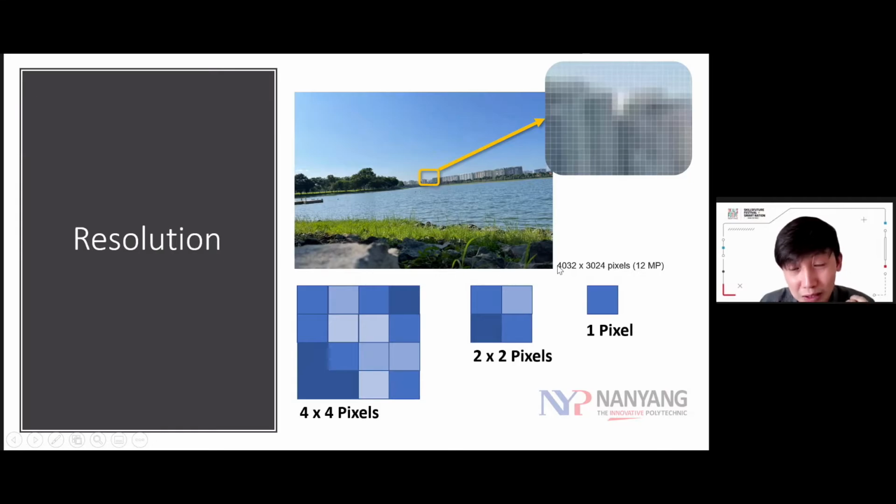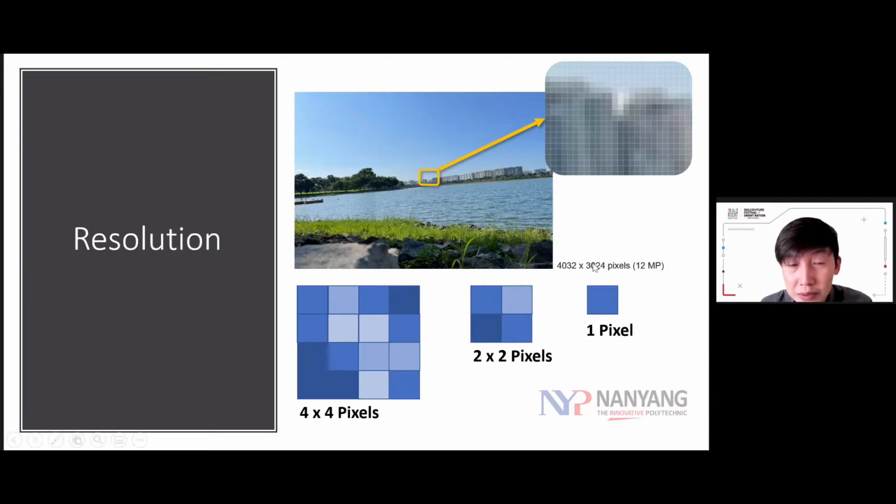This tells you the length and breadth, but if you multiply, you can find the area, how many total pixels there are. 4000 means very, very small pixels aligned in a line to form the length. This is what we mean by resolution.